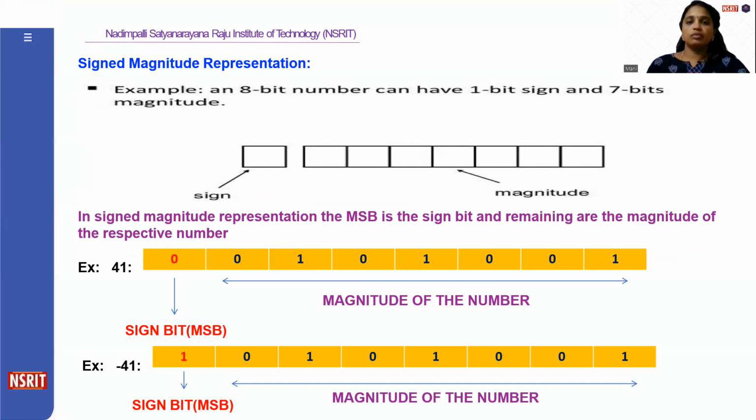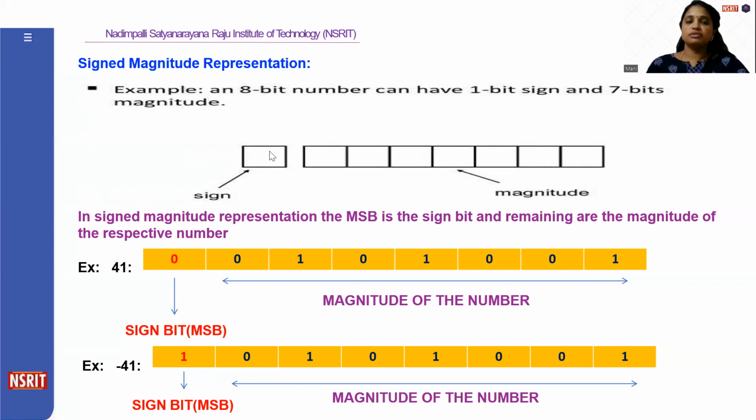Which location is the sign bit location? In any n-bit number, whether an 8-bit, 3-bit or 4-bit number, the MSB is the sign bit. You have to add the sign bit after the MSB of the magnitude.